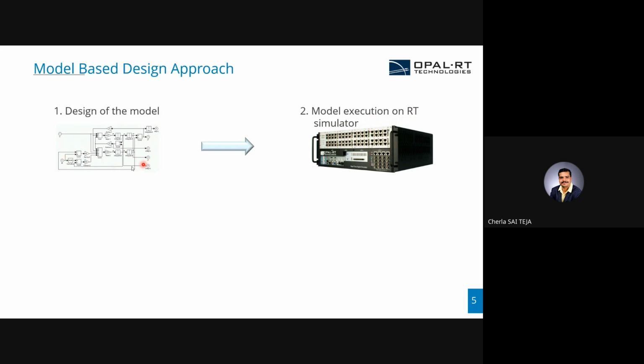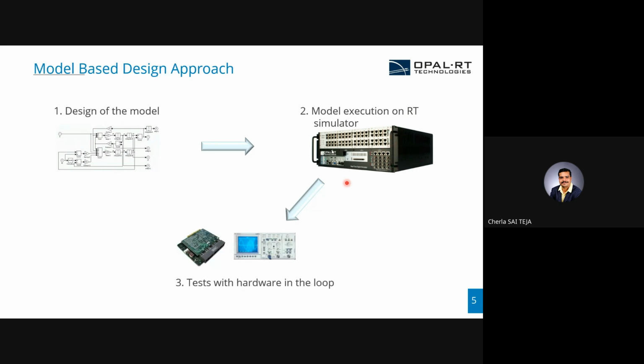Once the offline design of the MATLAB model is done, it will generate Linux-compatible code which will run on these real-time systems. Then each and every target has analog and digital channels using which we can connect to an external physical controller. This setup is known as a hardware-in-the-loop setup.